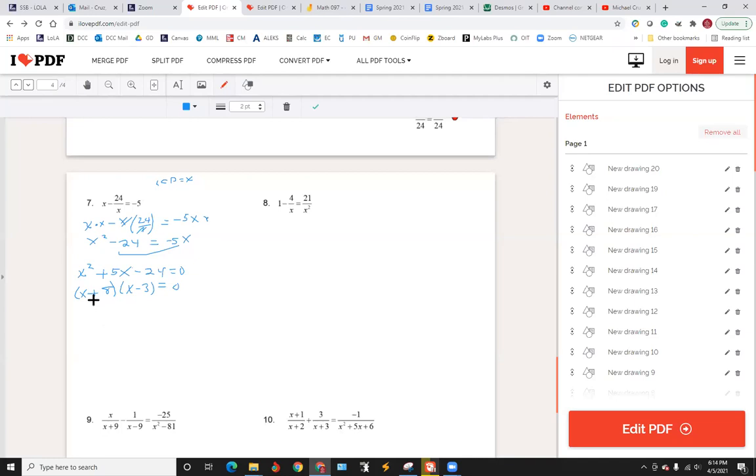That's why in 6.1 you solve the denominators for 0, so you can find out what's going to make it undefined down there. And x is equal to -8.